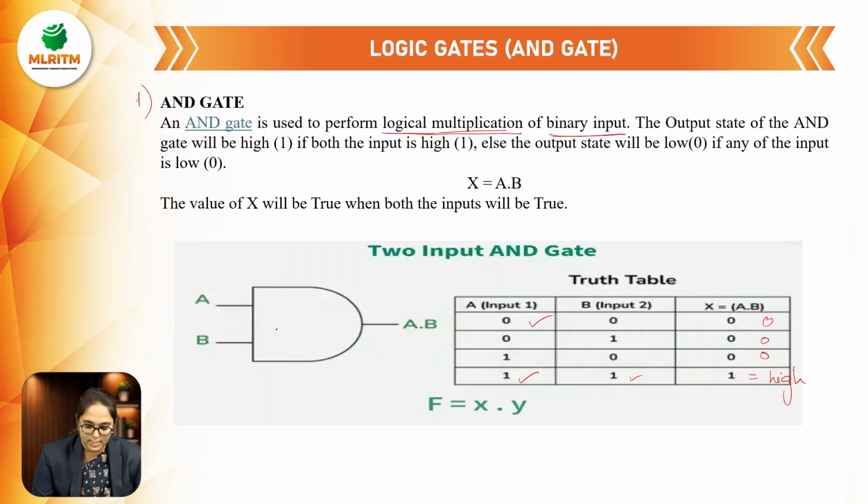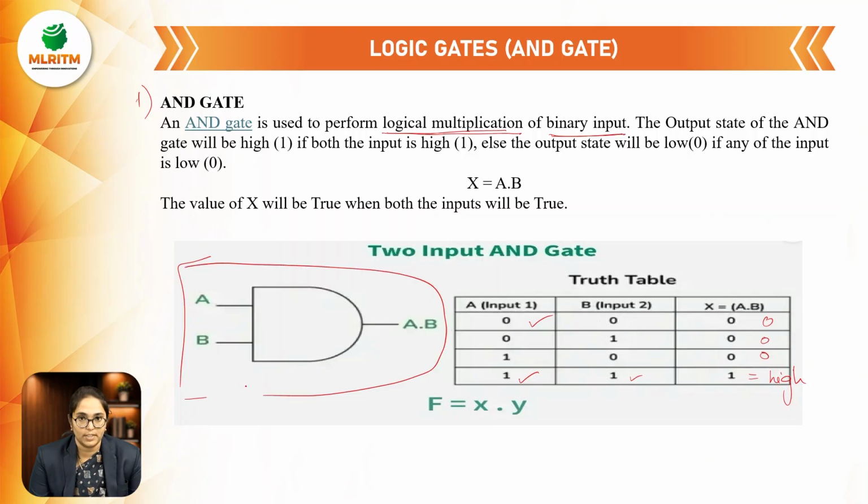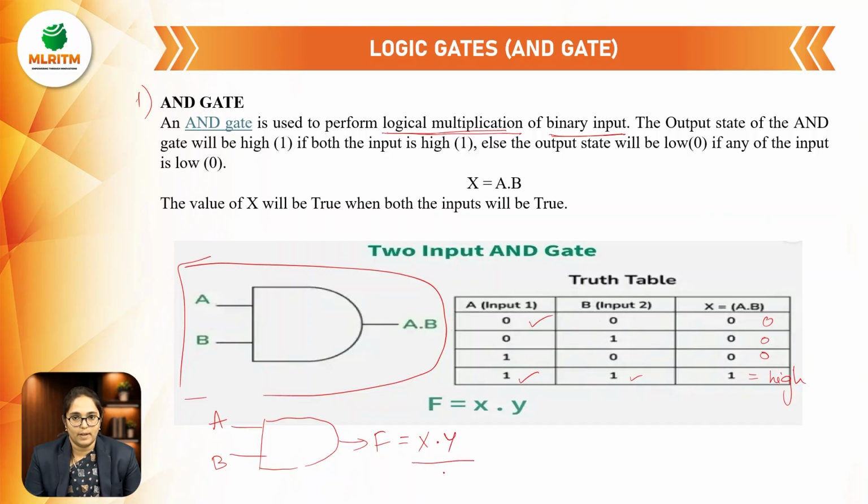Let us consider the graphical or symbolic representation of an AND gate, which is in the form of a capital D. We give 2 inputs, one is A and another is B, and we generate one output, that is F. F is equal to A into B. It performs logical multiplication.